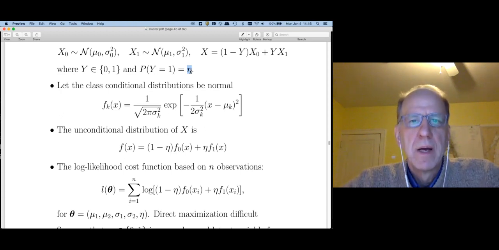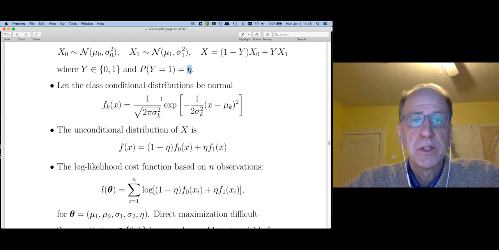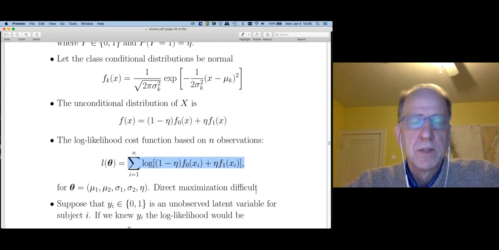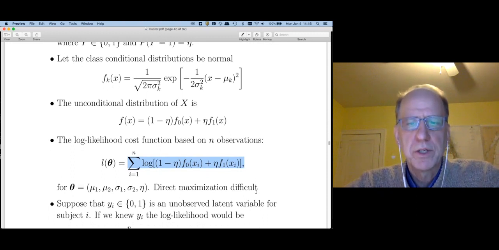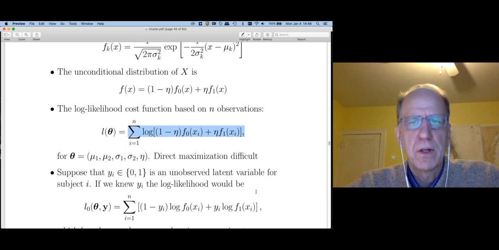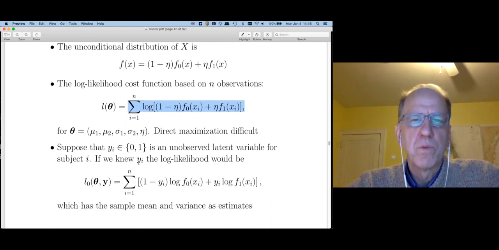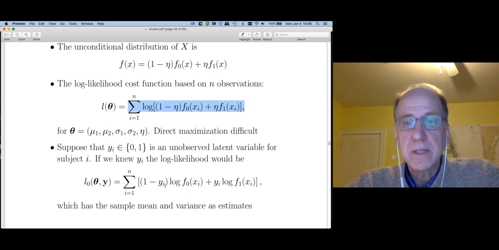If I assume a sample of n observations, multiply all these unconditional PDFs, and take the log, we end up with the following expression. This is actually a difficult expression to maximize. One trick that's often followed is this. If we knew the values of y, so if we knew which class each observation came from, then the likelihood would be very easy.